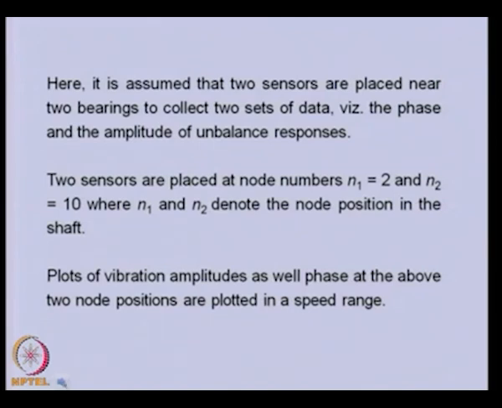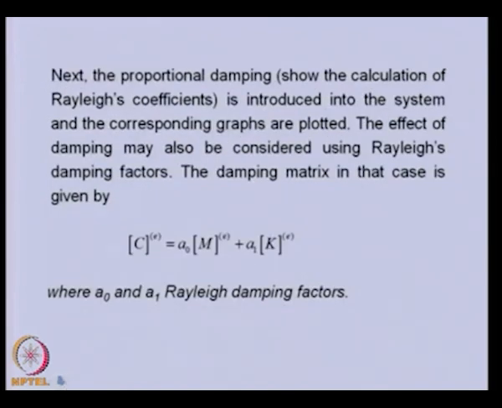Now, apart from this, we are adding damping to the system so that the responses are more realistic. Here we added proportional damping. This Rayleigh damping we also described while discussing the finite element analysis of the rotor system.